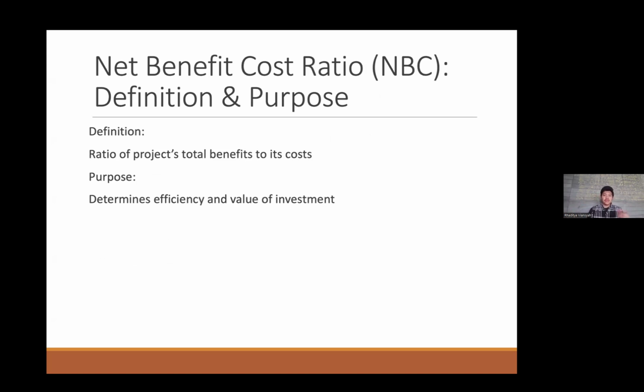If we get a value greater than one, the project generates more benefits than it costs, which means it is economically feasible or justified. The purpose of the NBC is to determine the efficiency and the value of the investment itself.